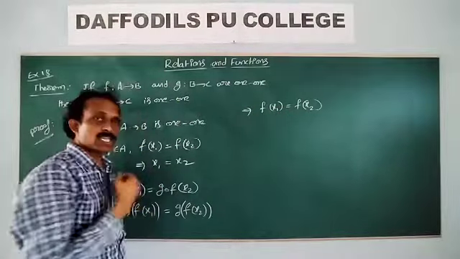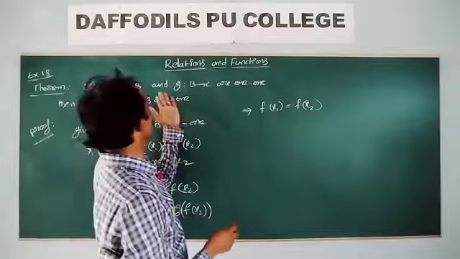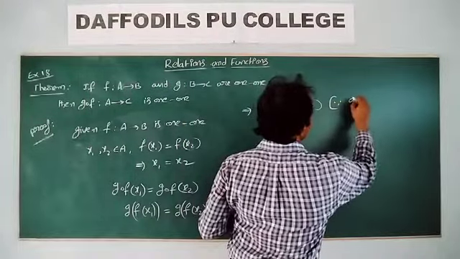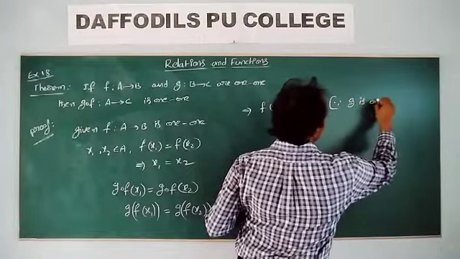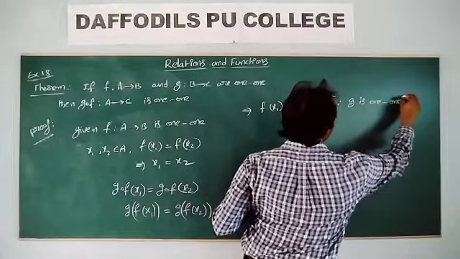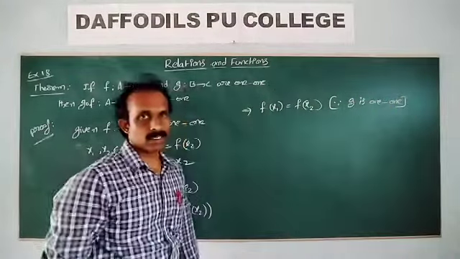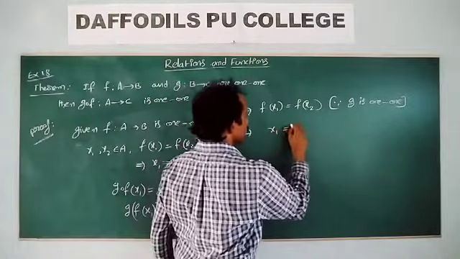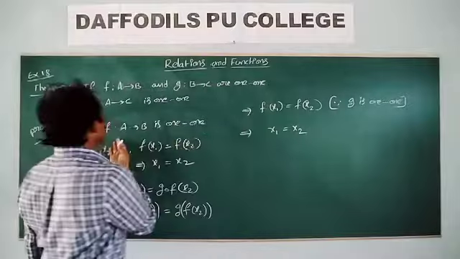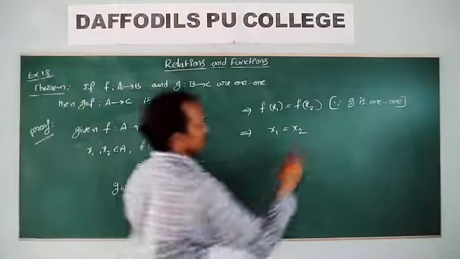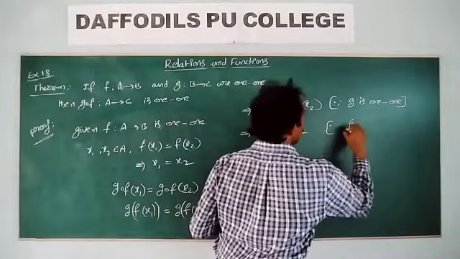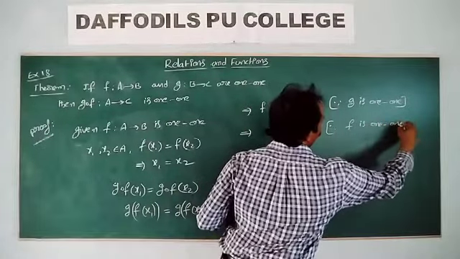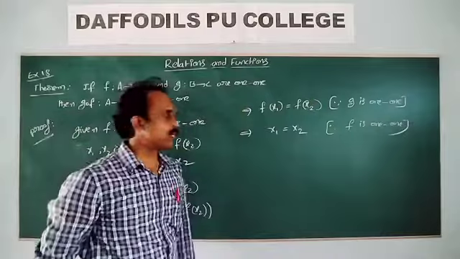So this total is considered as x1. Why? Since it is already given that g is a one-one function, the next step implies x1 is equal to x2. Why? It is already given that f is one-one. Understand?